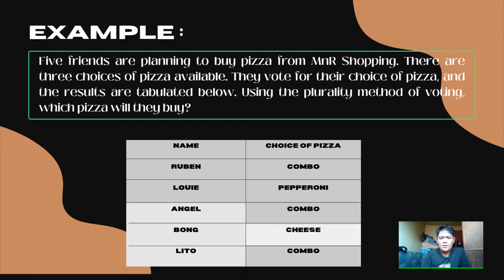So there are five friends: Ruben, Louis, Angel, Bong, and Lito. Ruben chooses the combo pizza, Louis chooses the pepperoni, Angel chose the combo, Bong chose cheese, and Lito chose combo.